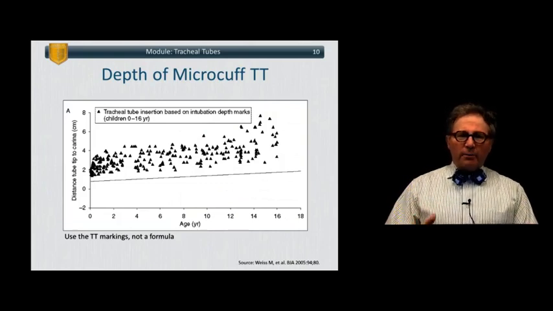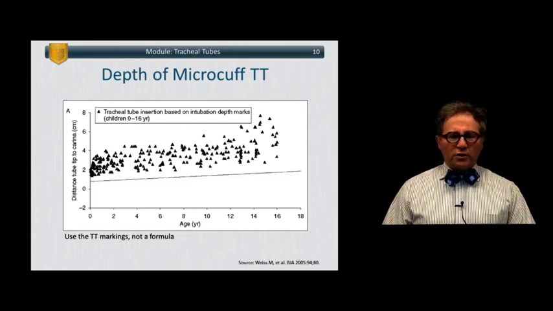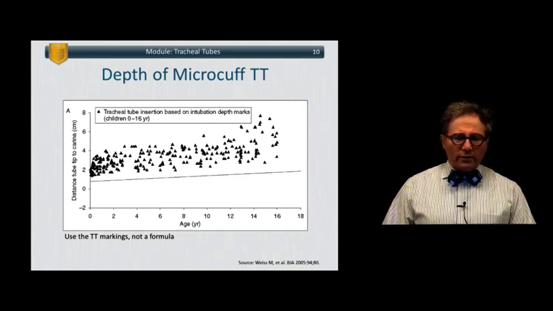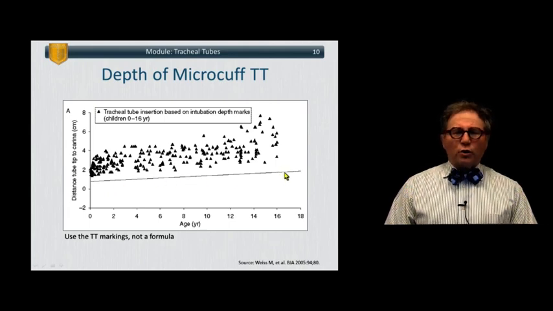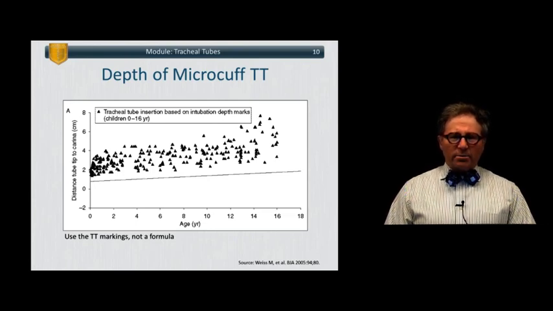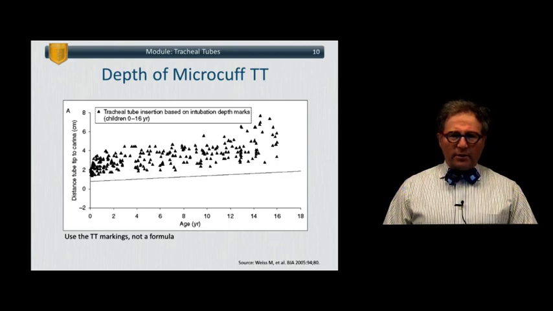Now, in terms of the depth to which we insert these microcuff tubes, and I mentioned we should use the markings on the tube, you can see here the distance to the carina from properly placed tubes in kids from 0 to 16 years of age. And the light line underneath these shows where these depth markings end up where the head is flexed maximally onto the chest.